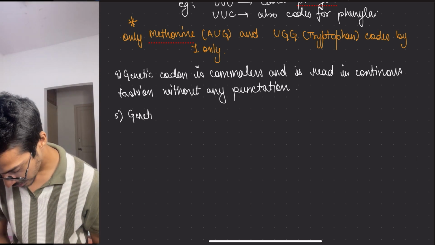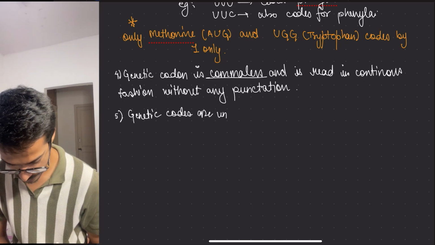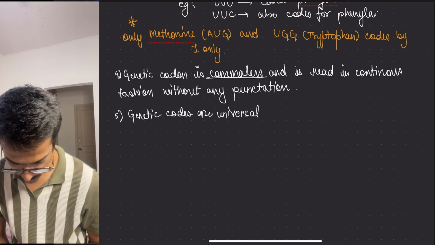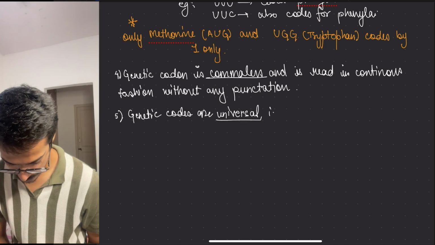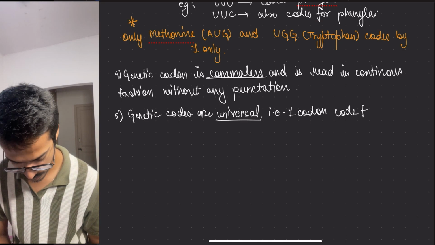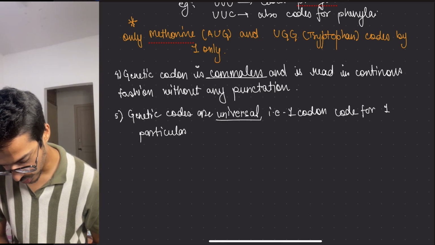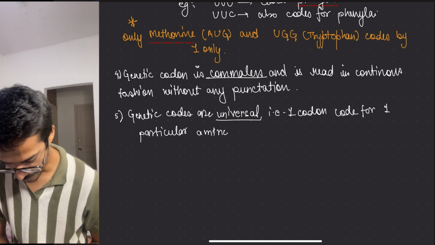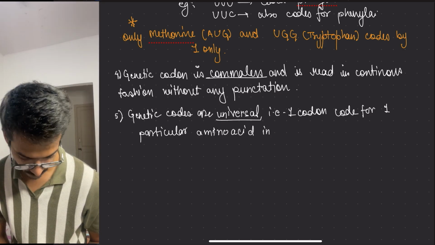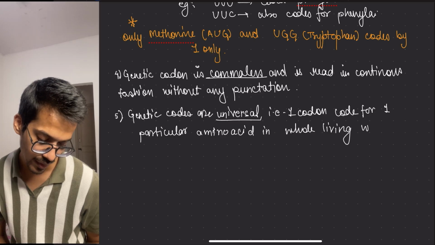Okay, so the next point is genetic codes are universal. That is, one codon codes for one particular amino acid in the whole living world.